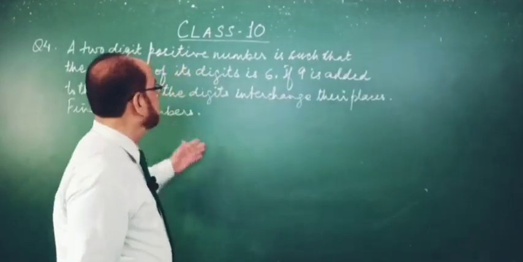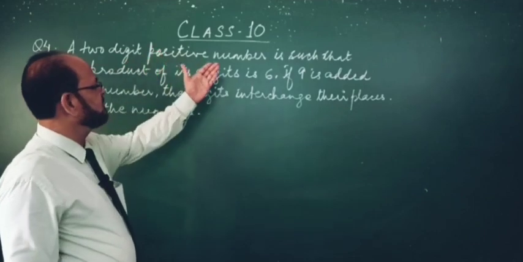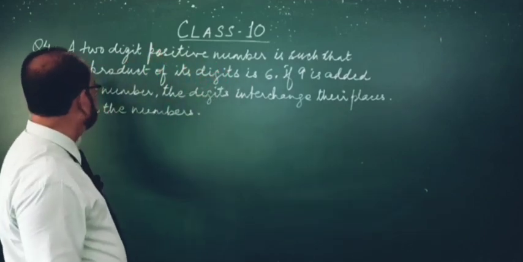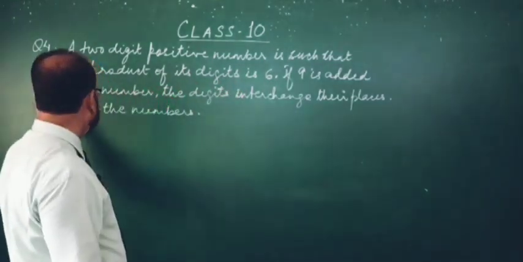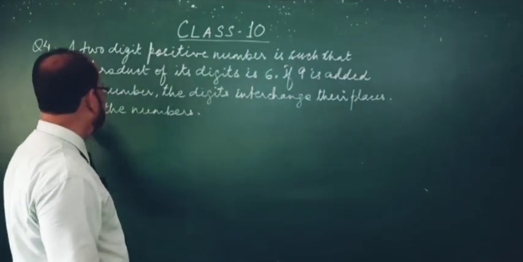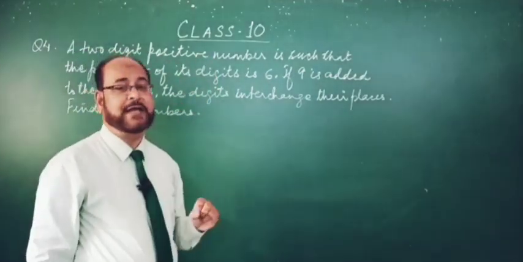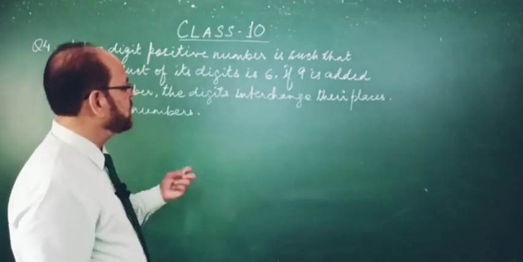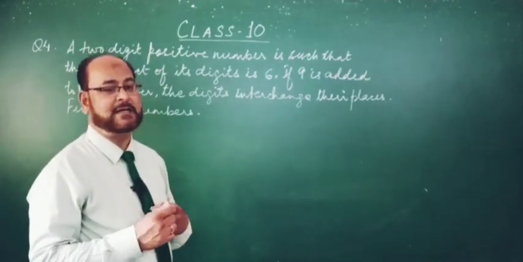Alright, let's take another question. A two-digit positive number is such that the product of its digits is 6. If 9 is added to the number, the digits interchange their places. Find the number. Here in the question, you have to find a two-digit positive number. So in two-digit, one will be at units place and the other will be at tens place.